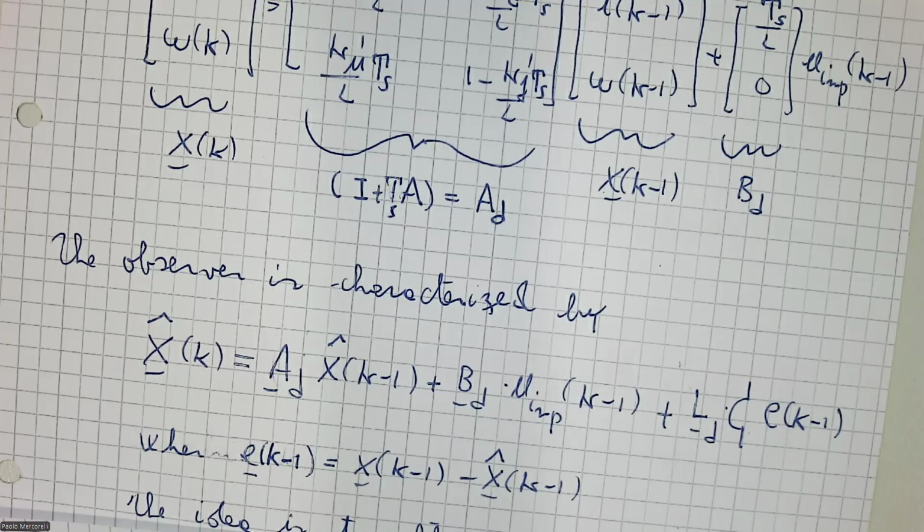If I measure both, it is the identity matrix 1, 0, 0, 1. It could be that I measure both. And people ask me, but if I measure both, why do I need an observer? As I told you, the idea is to obtain an optimal observer and estimation in which we can demonstrate that what I am observing or estimating is better than what I am measuring. Think about a noisy signal.